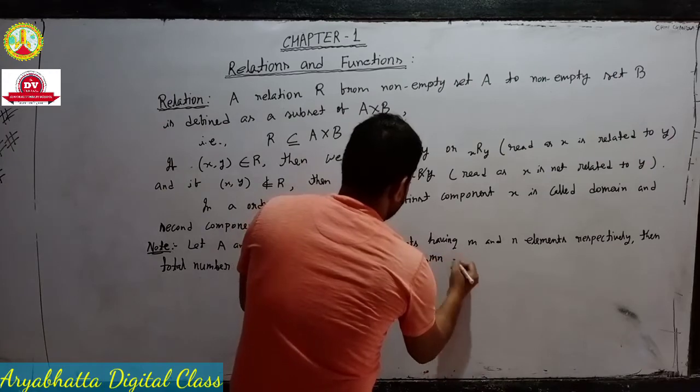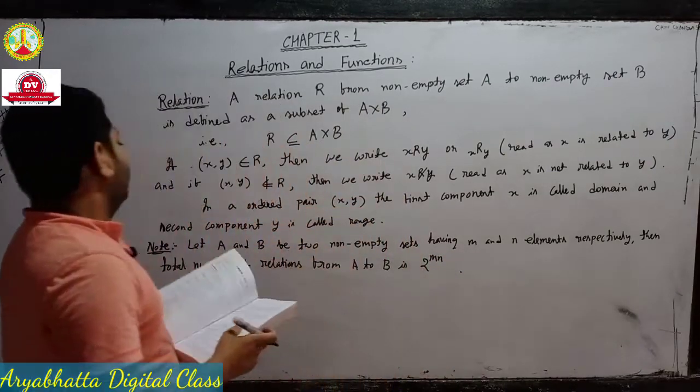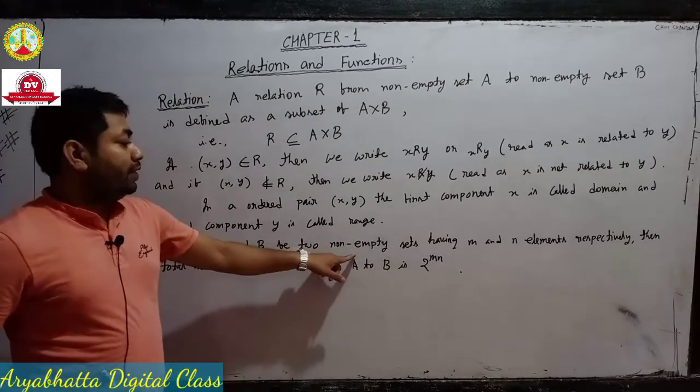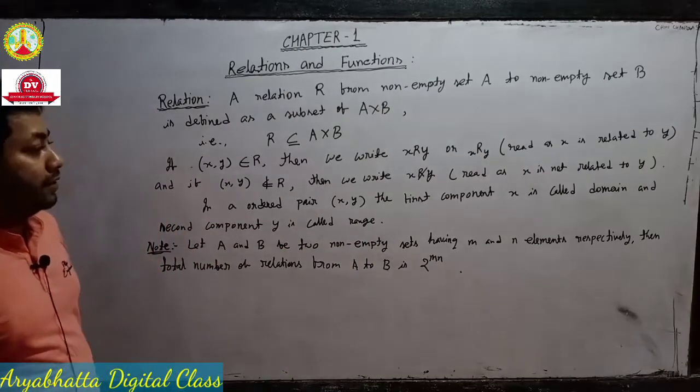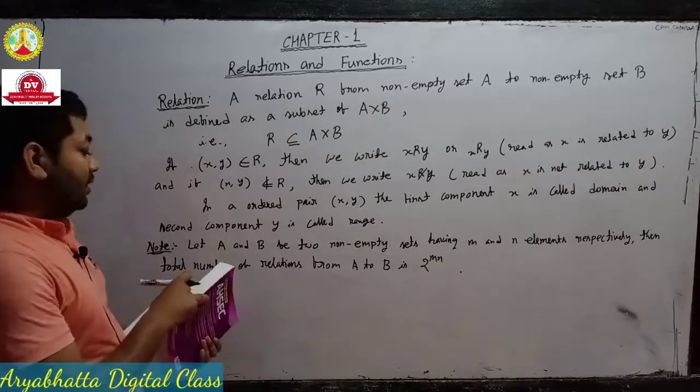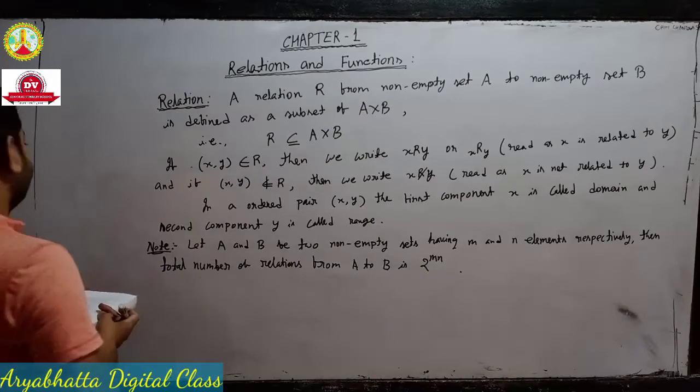Remember, A and B be two non-empty sets having m and n elements respectively. Then the total number of relations from A to B is 2 to the power mn.